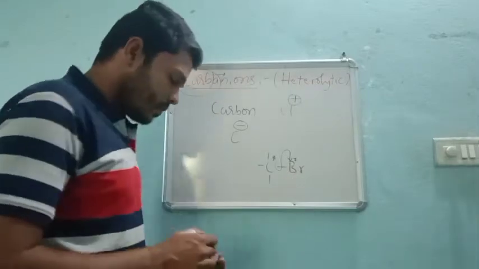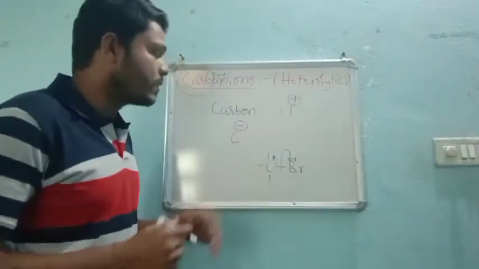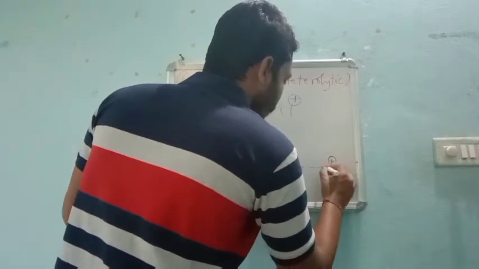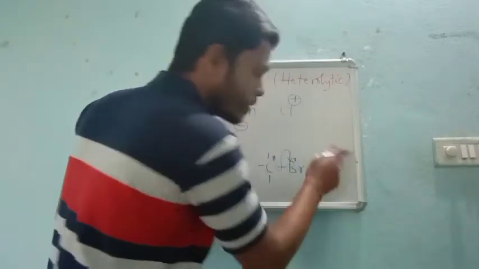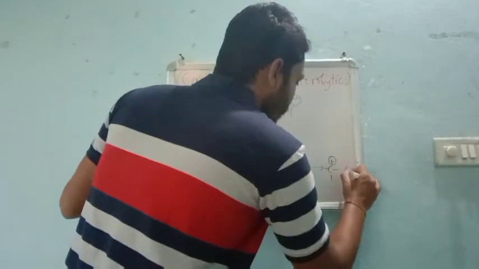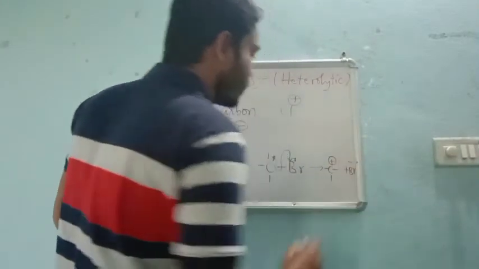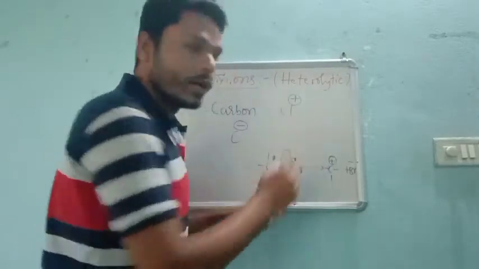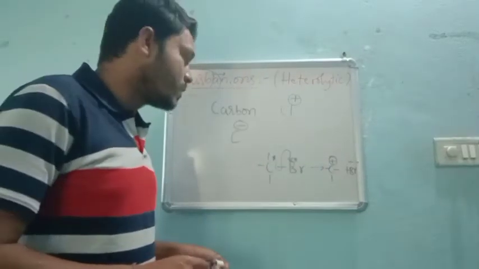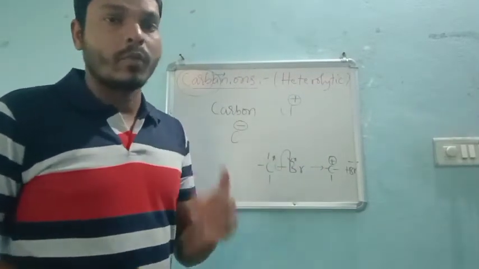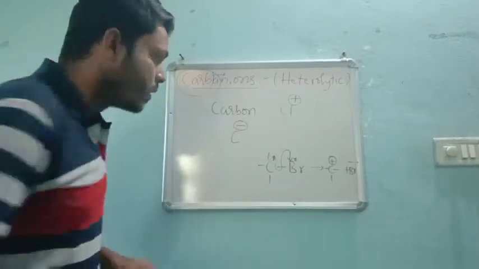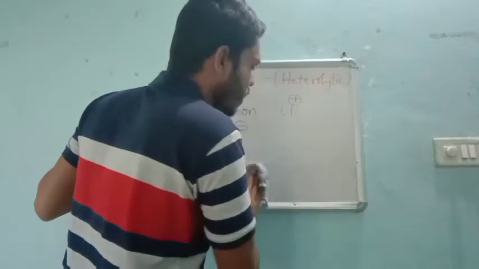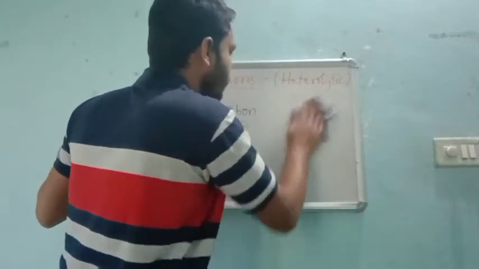Now definitely we will get a positive charge on this carbon, and on the bromine there will be a negative charge. Why? Because these two electrons are moving towards the bromine because of its higher electronegativity. Now you will see how this carbanion will form.